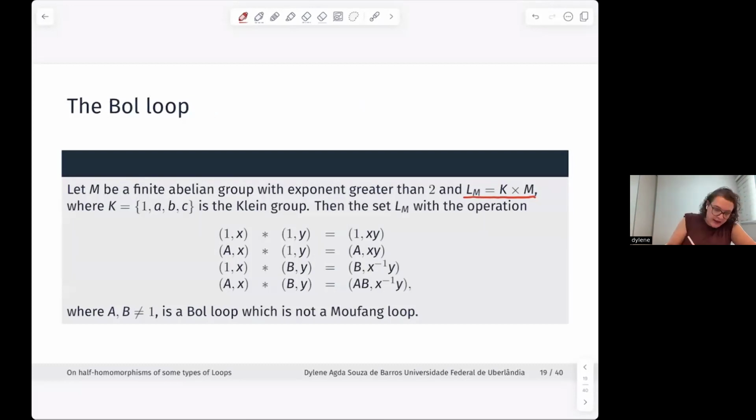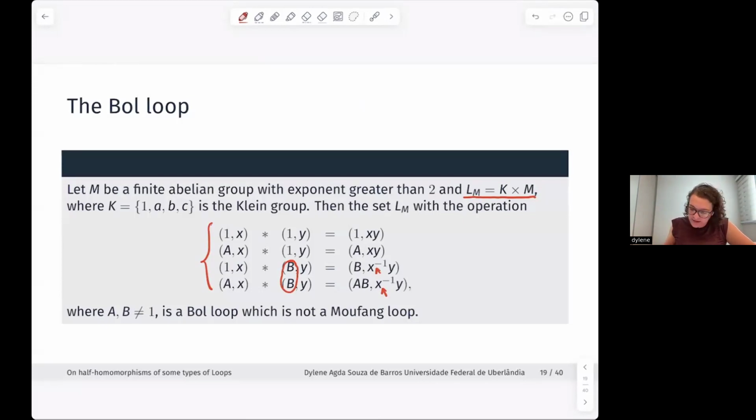So this set L_M with this operation is a Bol loop which is not a Moufang loop. Again, if you do not have the identity in this right factor, we use x minus 1 instead of x, okay?